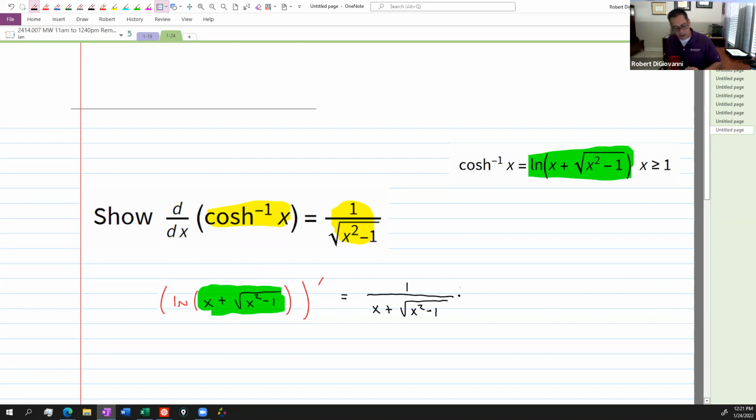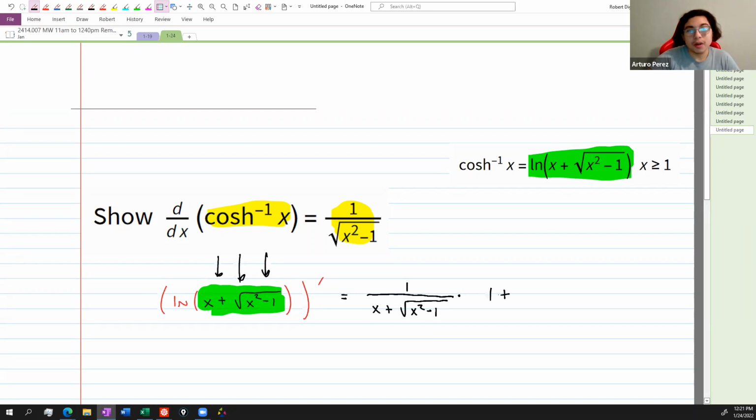Good, Arturo. What do we have to do next? Don't you have to take the derivative of what's in that anything, the whole green thing? What's the derivative of all that green stuff? 1 plus 1 over 2 square root of x squared minus 1.